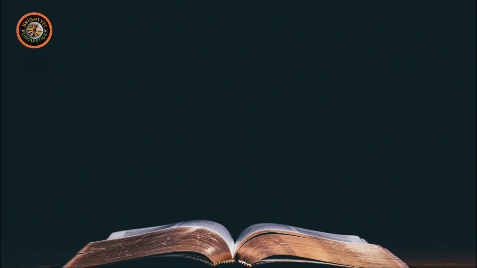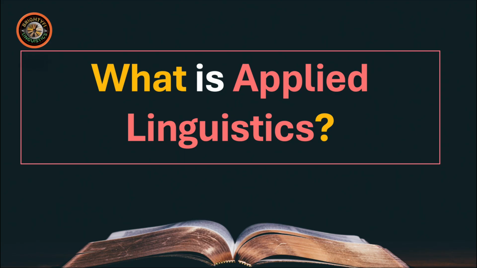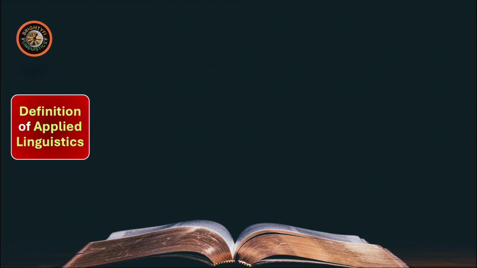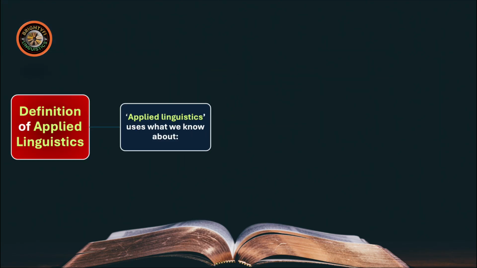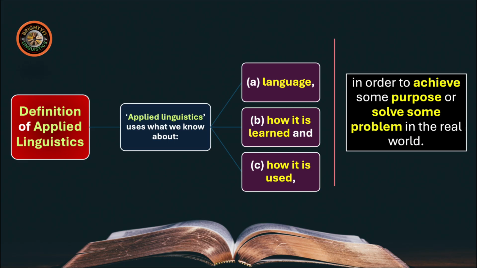Now we move on to the next point of our discussion: what is applied linguistics? Definition of applied linguistics. Applied linguistics uses what we know about, A, language, B, how language is learned, and how it is used, in order to achieve some purpose or solve some problem in the real world.